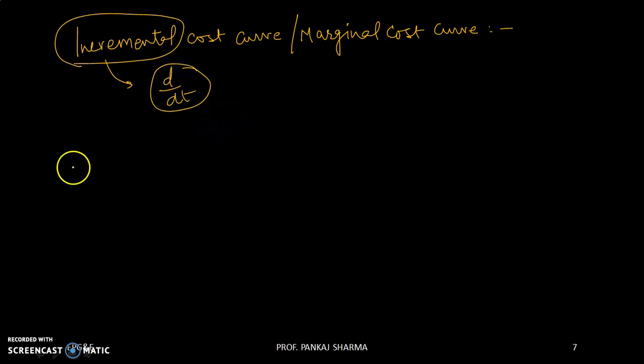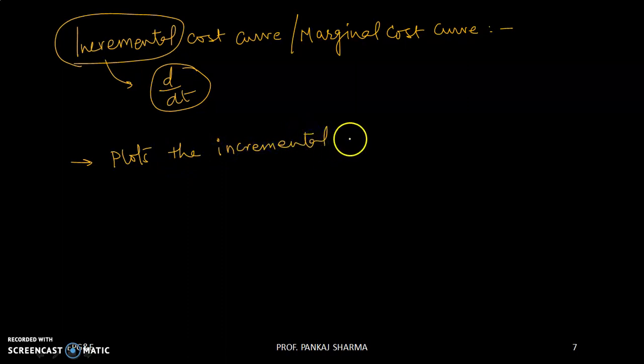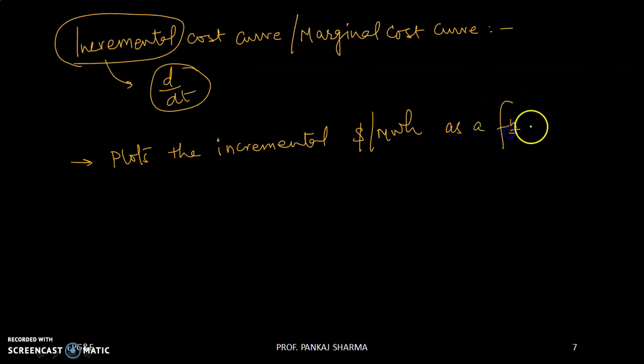Let us see. This is a kind of plot which plots the incremental cost, in dollar per megawatt hour, as a function of megawatt, of our generating power unit.